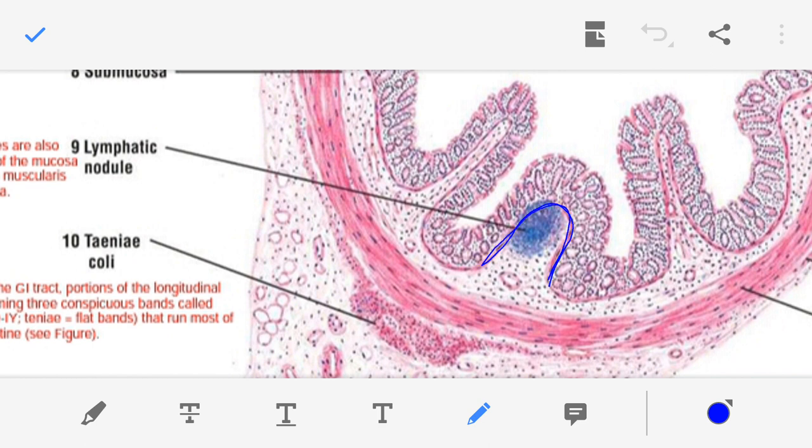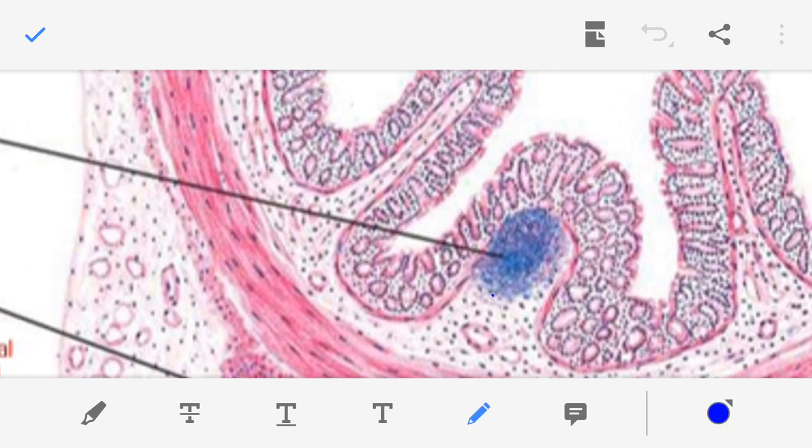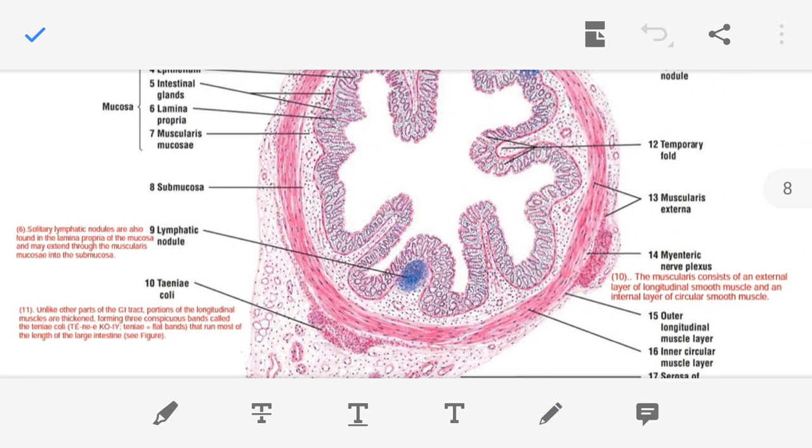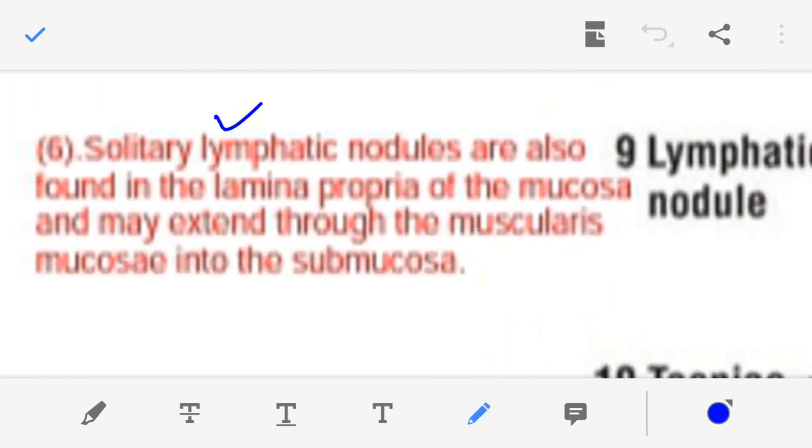Here you can see this lymphatic nodule is extending from the muscularis mucosa to the submucosa. So that is the meaning of this sixth point.